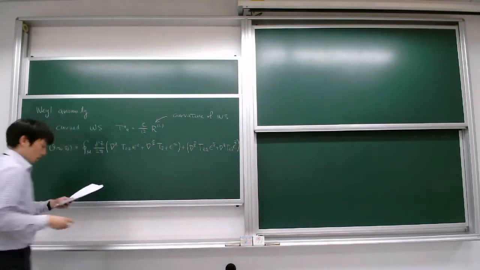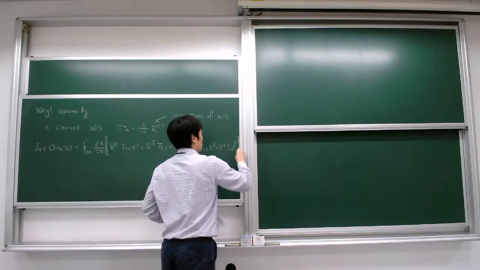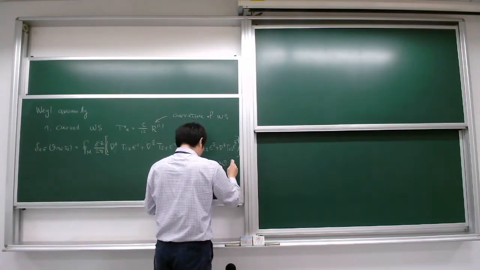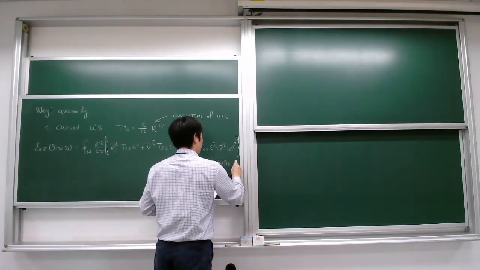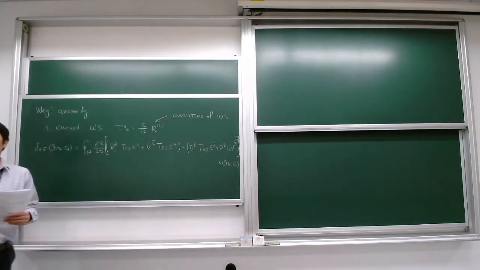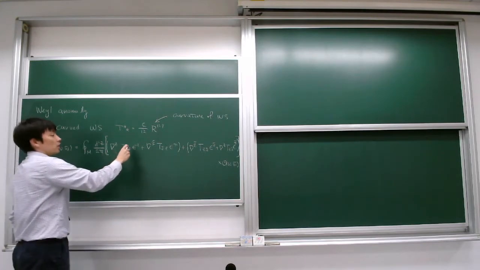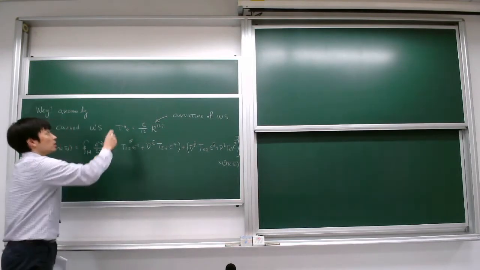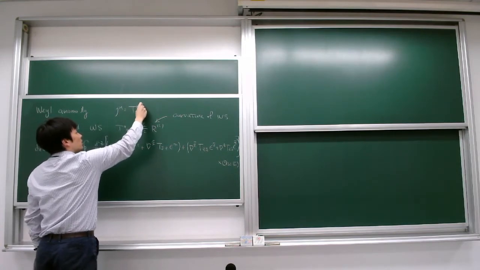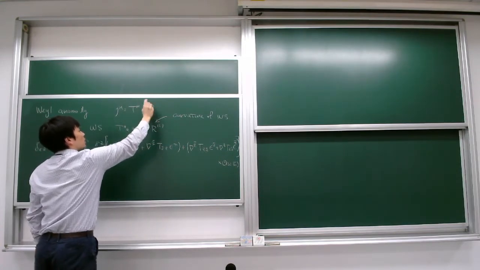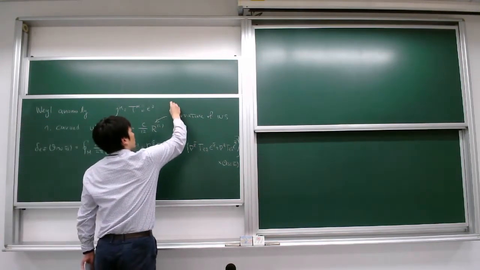Okay, so this is the beginning of the component Ward identity. This is the current for component symmetry. As I mentioned, the current for component symmetry is like this. And then in curved background, let's see.